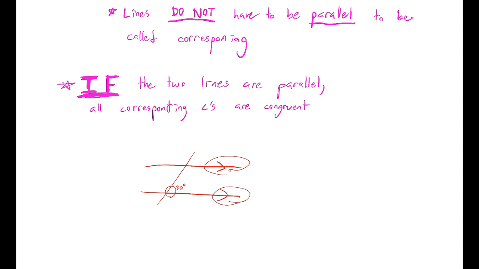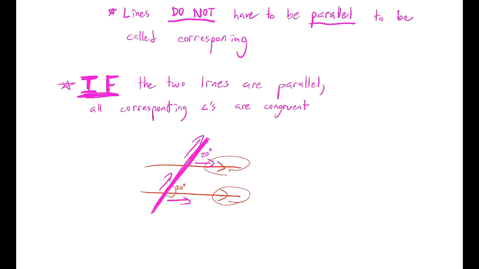And obviously, this transversal is going in the same direction as itself because it's a straight line. So same direction and same direction. It has to logically make the same angle. The two lines are going in the same direction, so this has to be a 20-degree angle. So if the lines are parallel, then corresponding angles are congruent.